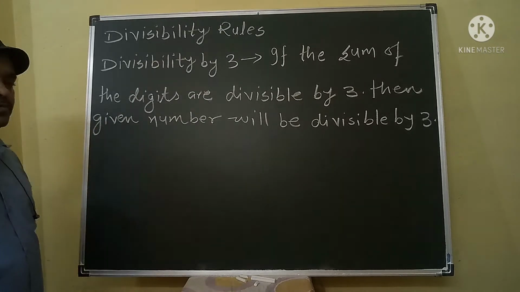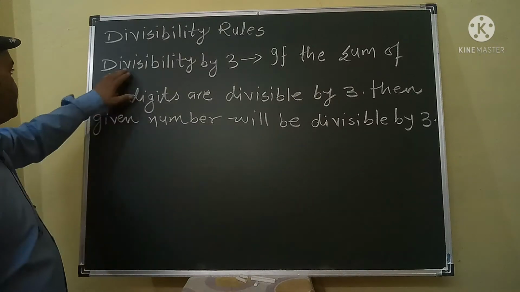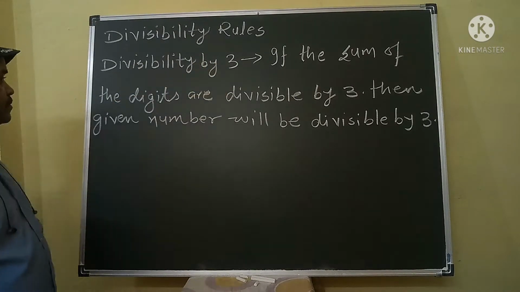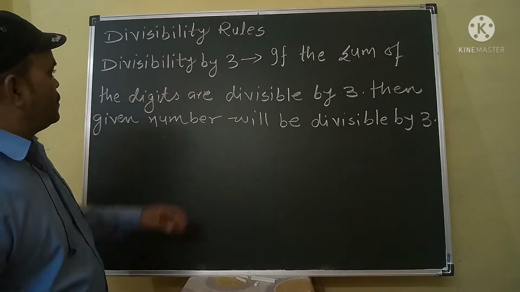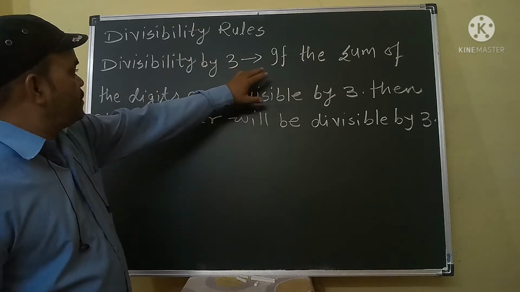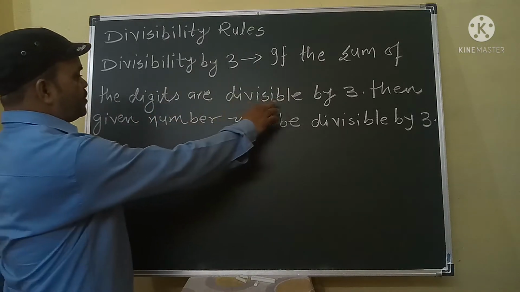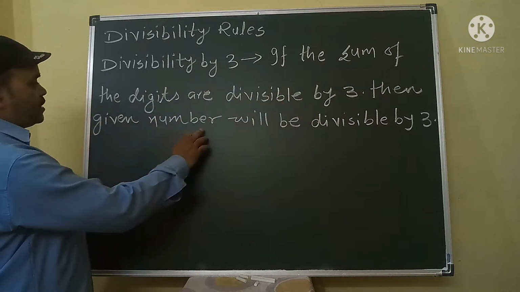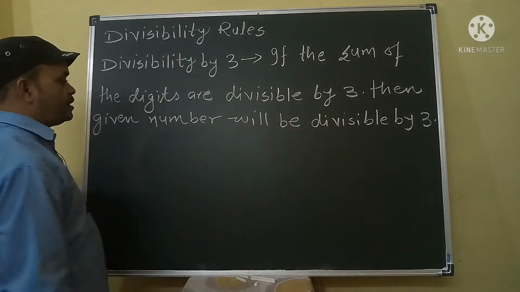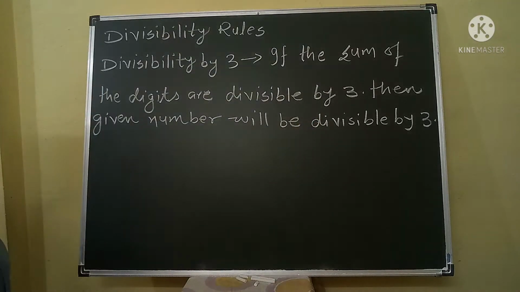Now we will discuss divisibility by 3. The statement is: if the sum of the digits is divisible by 3, then the given number will be divisible by 3.